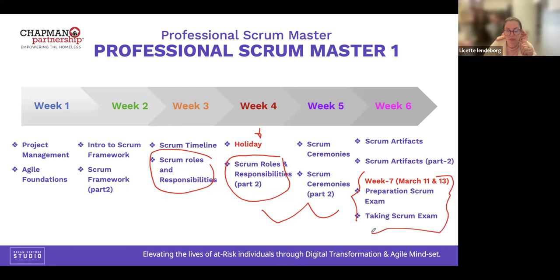So the exam will be the week of March 11 and 13. Today is Saturday, and next Monday we'll be talking about Scrum artifacts.